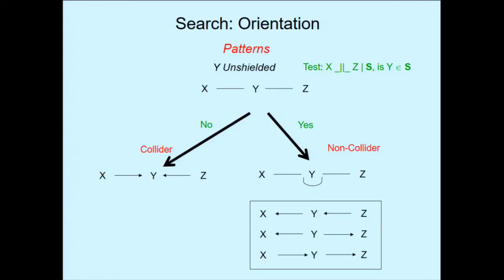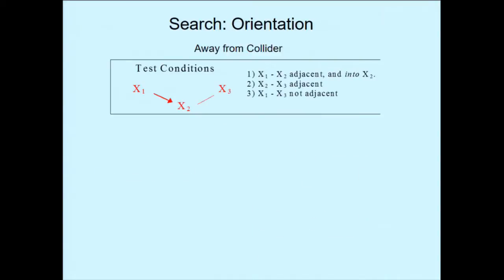Okay, and if it's a non-collider, of course, this is the actual structure we think, a non-collider on this path, and that's the outcome of that test. And then we have this extra rule in which we've gone through and oriented some of the edges, but not all of them. We might now find a triple in which one of the edges was oriented from some other test involving some other variable down here.